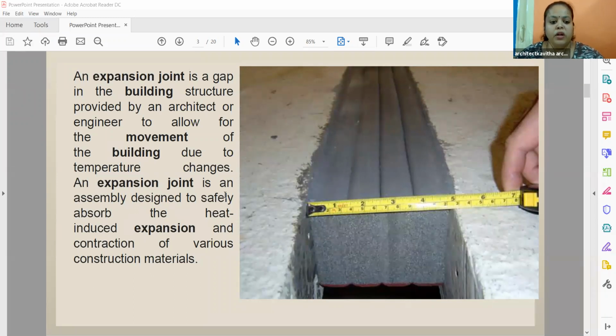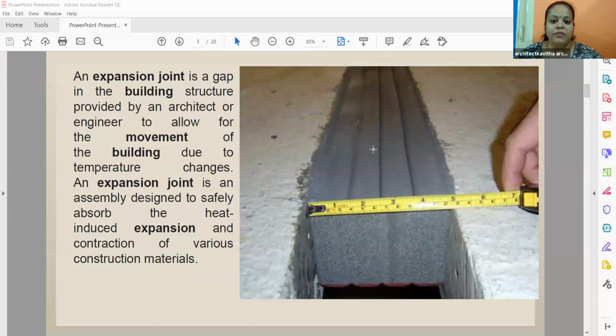The expansion joint is an assembly designed to safely absorb the heat-induced expansion and contraction of various construction materials. So when there is excess heat, if you see your main doors, in summer it will be very loose to open and close, and in winters it will be very tight. Why is it?